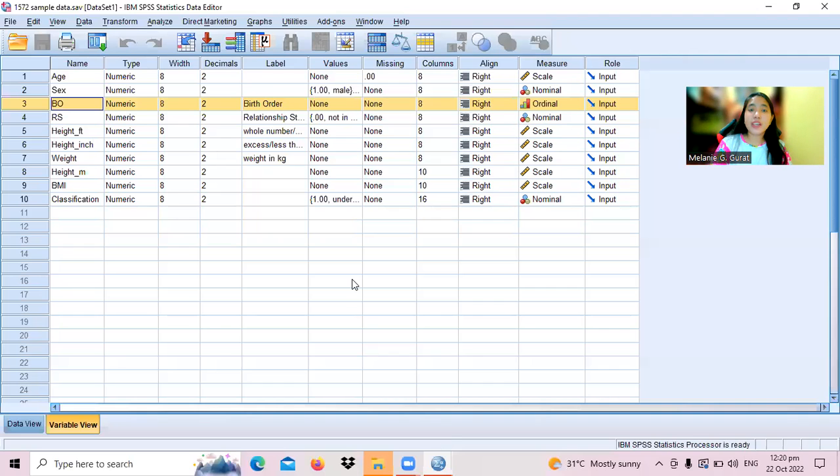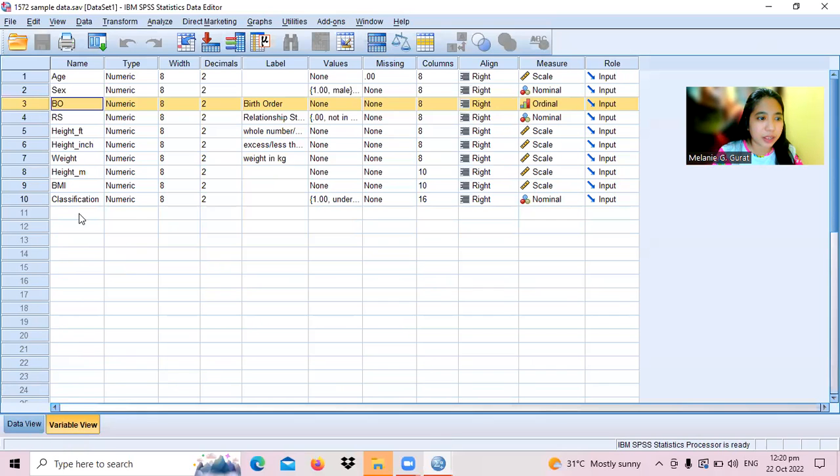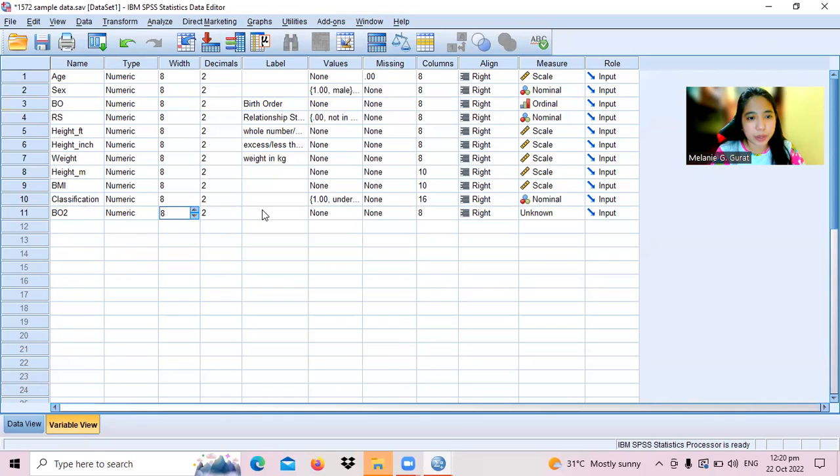So we can use the recode function, or we can also simply sort this. Let's have another variable, BO2. BO2 is the birth order, our second data.